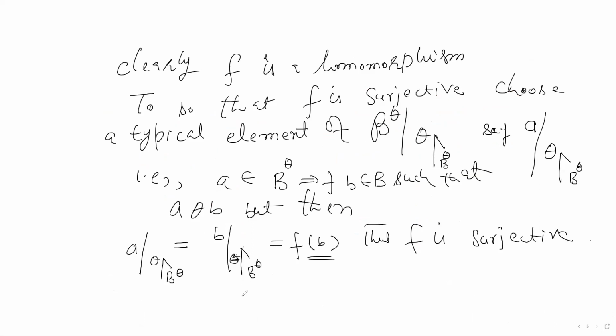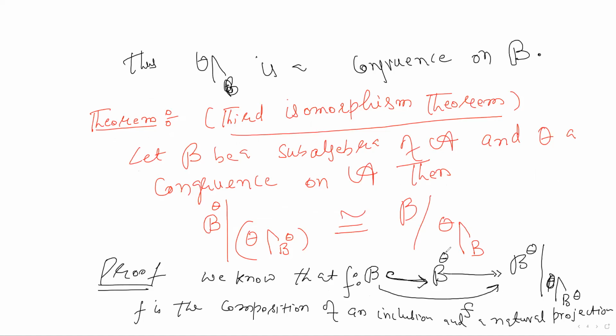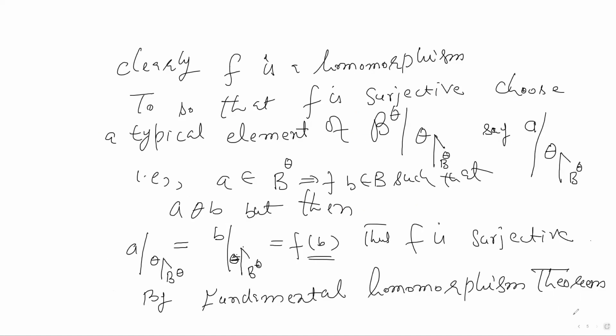Now by the first isomorphism theorem, or by the fundamental homomorphism theorem, B over the kernel of this homomorphism F is isomorphic to B theta over theta restricted on B theta.